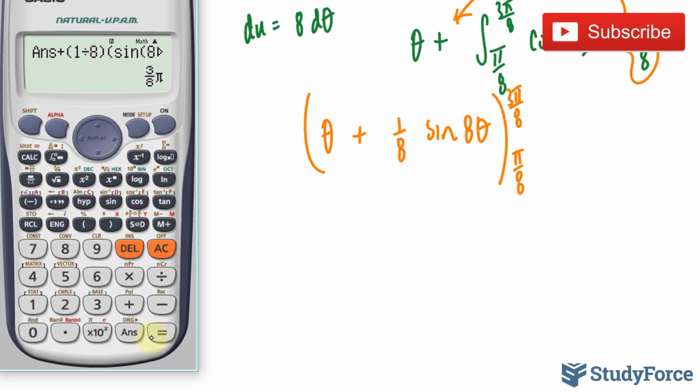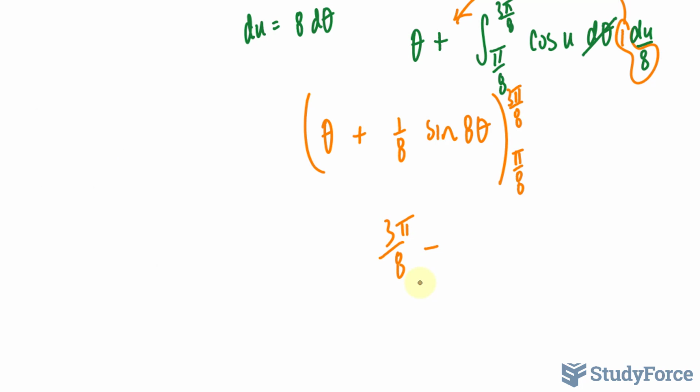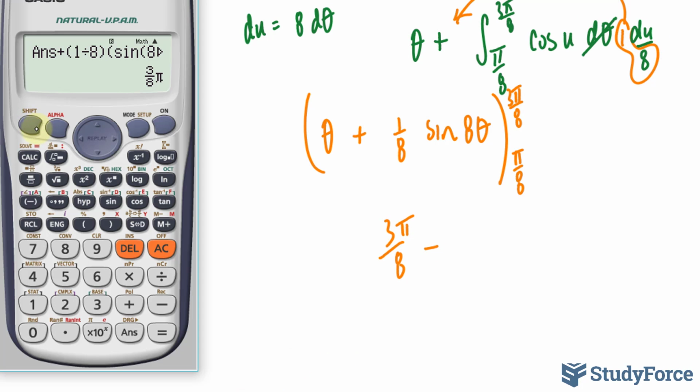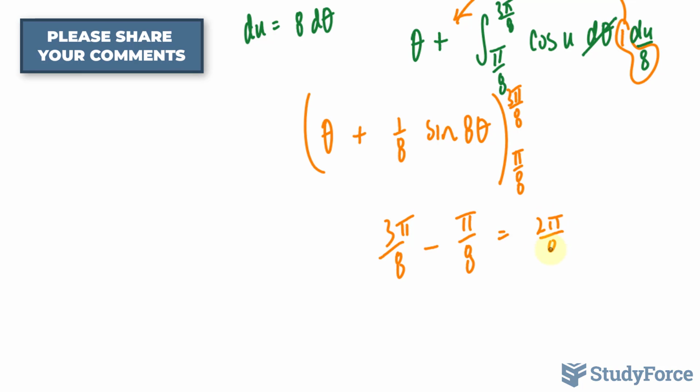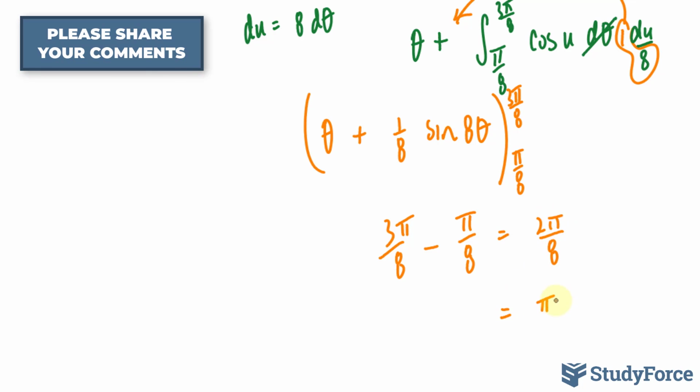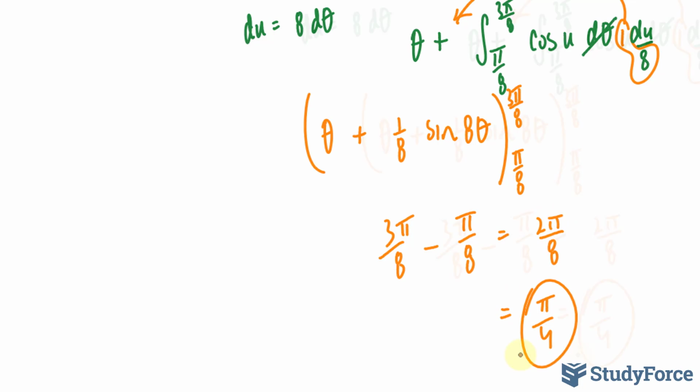That gives me 3 pi over 8 minus, and we'll do the same thing, starting with pi over 8, which I'll put in brackets, plus 1 over 8 sine of 8 times pi over 8, which is simply pi. Subtracting this from that, we end up with 2 pi over 8, which is equal to pi over 4.